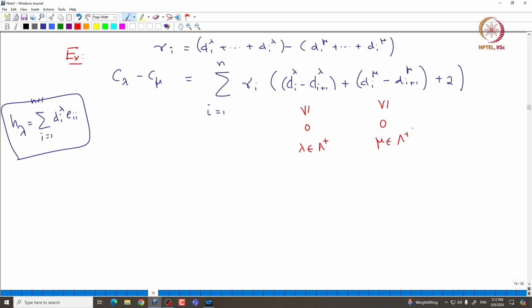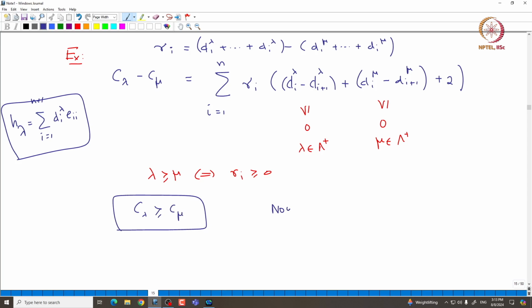Now, since lambda is greater than or equal to mu, if you write it in the epsilon i basis, that translates to gamma i being greater than or equal to 0. Okay. So, this is something I will leave as an exercise. So, then you can easily conclude that C lambda is greater than or equal to C mu.